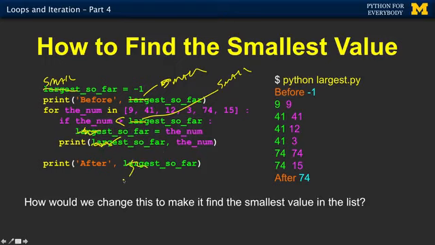Is that going to fix it? Take a second. If I changed all the word largest to the word smallest, and I changed the greater than to a less than, is that going to fix it? If I did that, what number is going to come out here? Is it going to be 3?